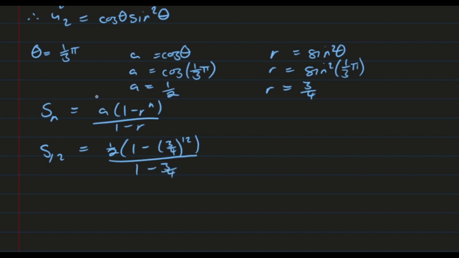Punch this into your calculator: half times 1 minus 3 over 4 to the power 12, all divided by 1 minus 3/4.